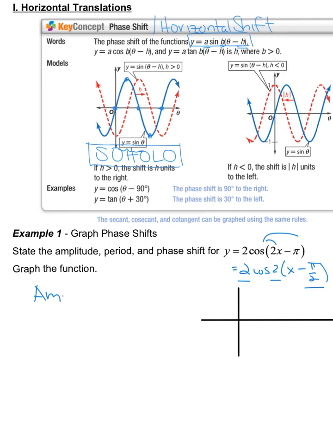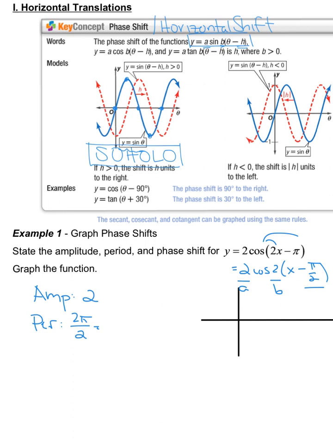So as we go through graphing, we're always going to identify key characteristics of our graph, such as our amplitude. In this case, we know our amplitude is 2, corresponds to our a value. Just like before, periods with sine and cosine are always determined by 2 pi over b. In this case, b is 2. 2 pi over 2 is 2. So my period is 2.